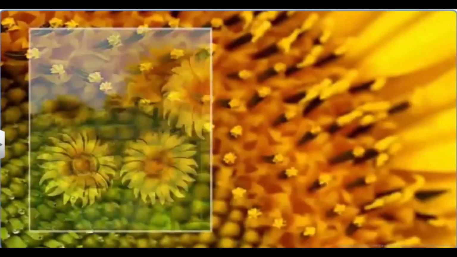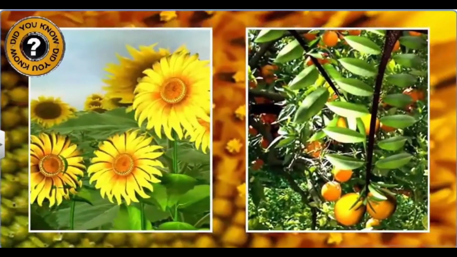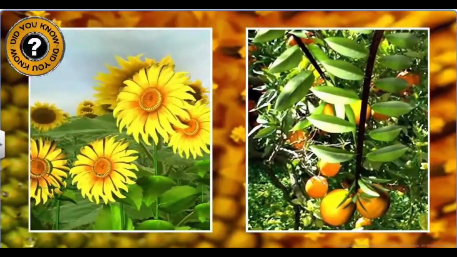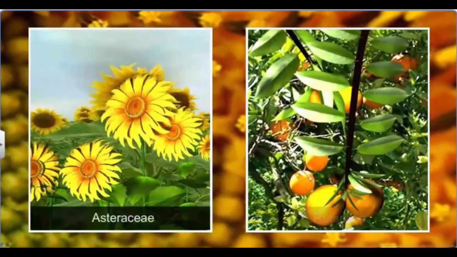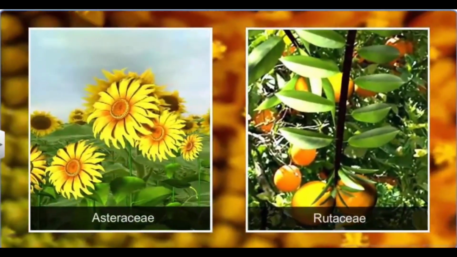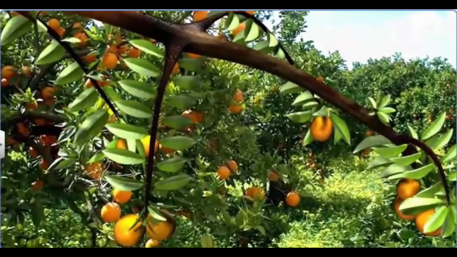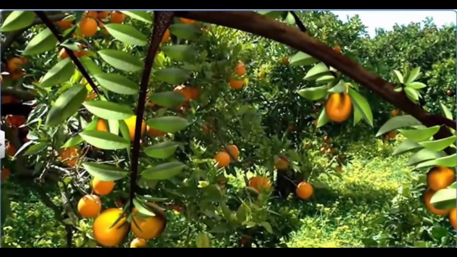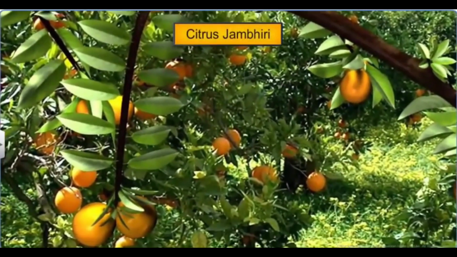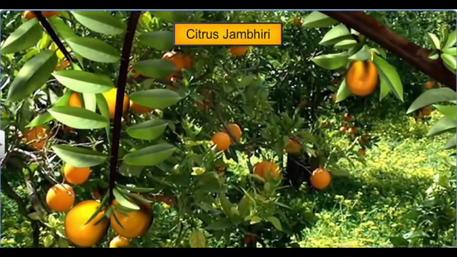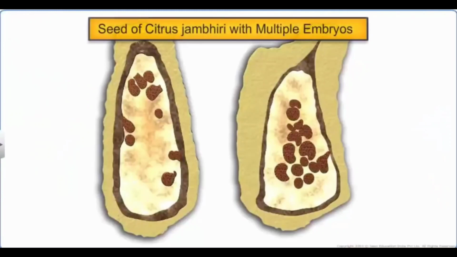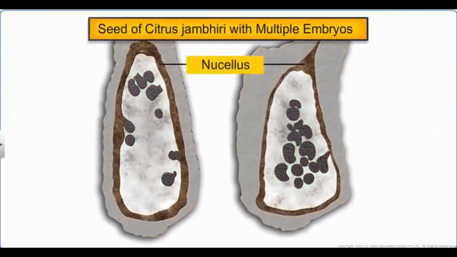Did you know that plants such as grasses and those belonging to the family Asteraceae and Rutaceae are common examples of apomicts? Moreover, in certain apomicts such as Citrus jambiri, which belongs to the Rutaceae family, the nucellar cells surrounding the embryo sac divide and protrude into the embryo sac.